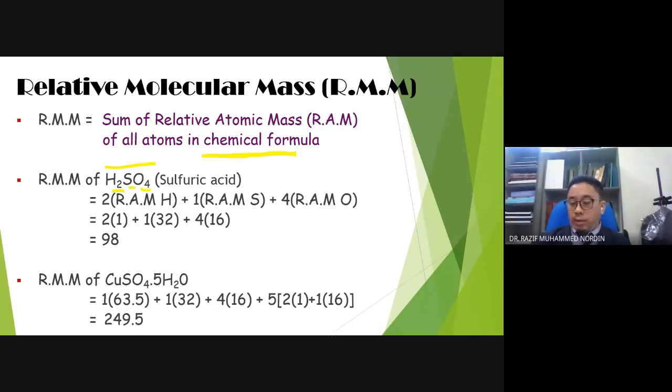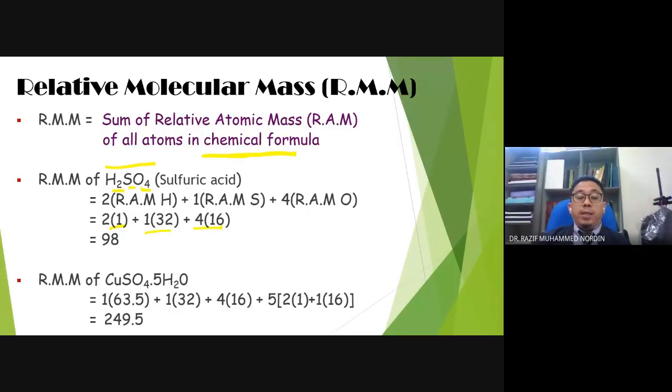That's why you boleh write something like this: 2 in bracket relative atomic mass of hydrogen plus 1 relative atomic mass of sulfur and add with 4 relative atomic mass of oxygen. So, ini hanya menggunakan kalkulator sajalah.